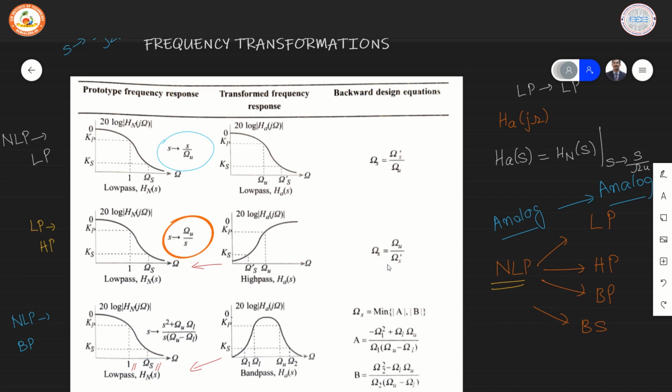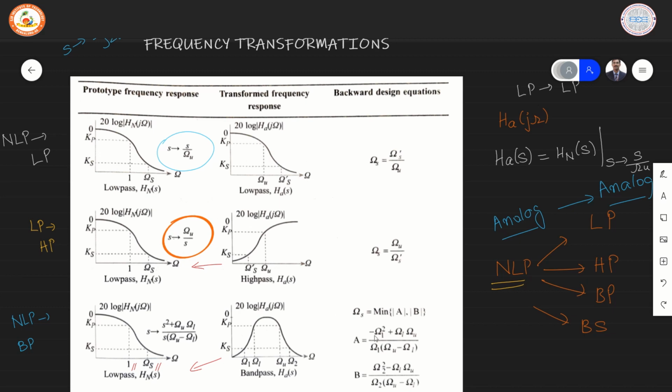On similar lines, the backward design equation is given as omega s equals omega u divided by omega s dash, which once again stems from the fact that omega s dash is changed to the value 1, which is possible by dividing it by omega s dash. And omega s is computed as omega u divided by omega s dash. So this will be the backward design equation which helps in calculating the stop band edge frequency.